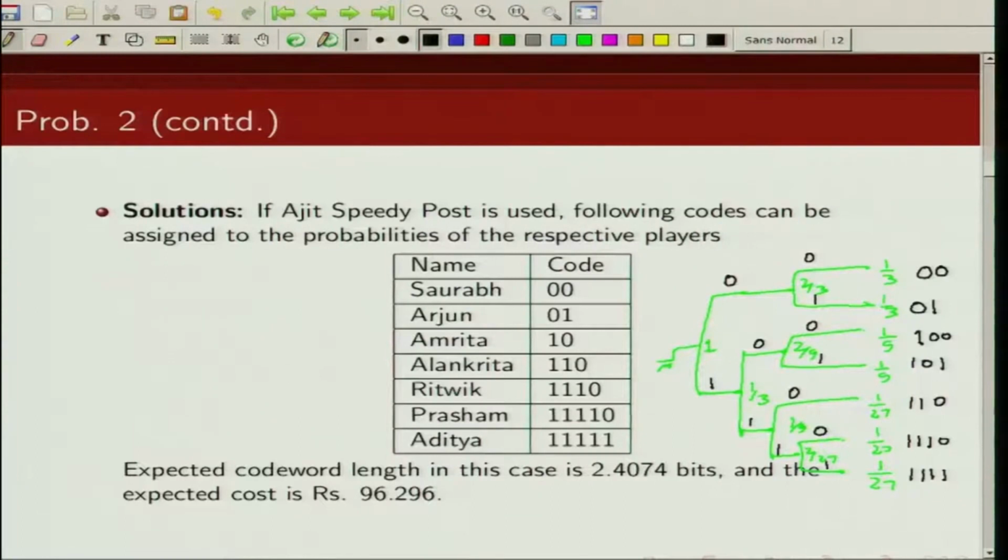Now we can do the same thing in another way. Both will essentially give the same expected value. Let's try doing the same thing in another way.